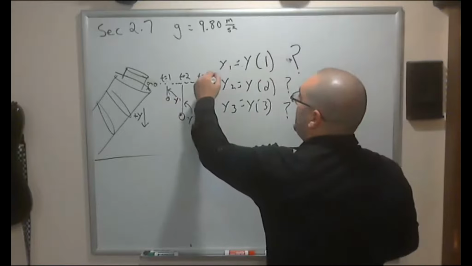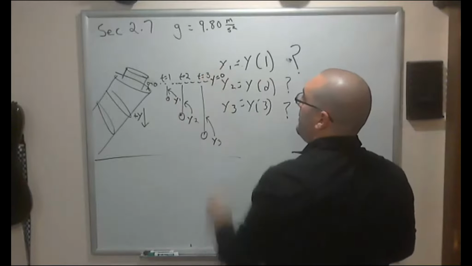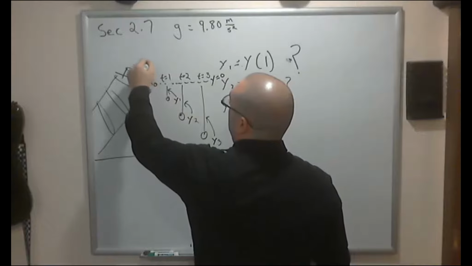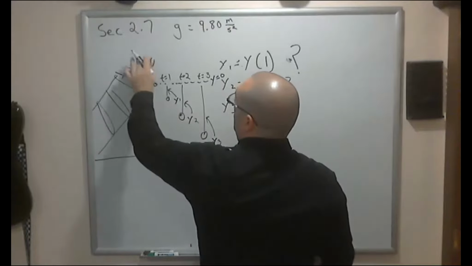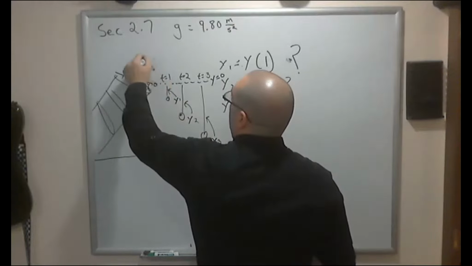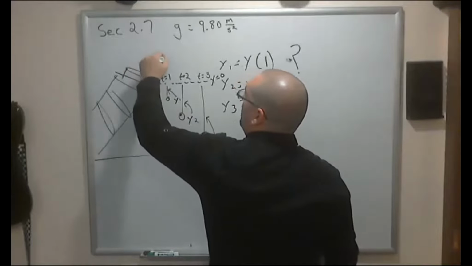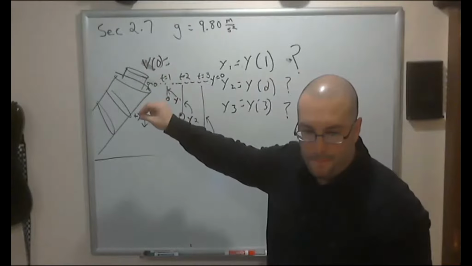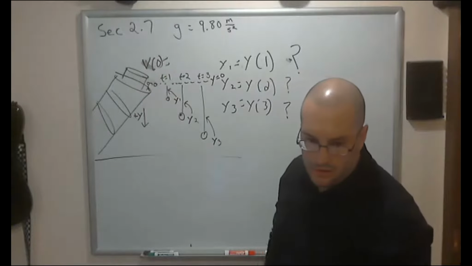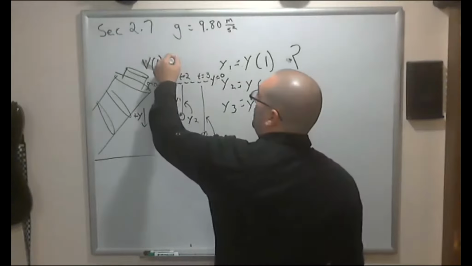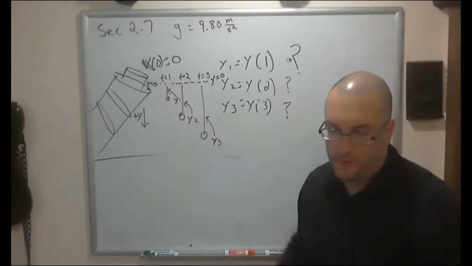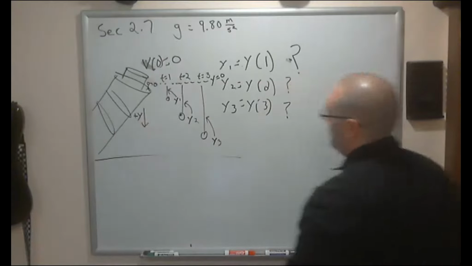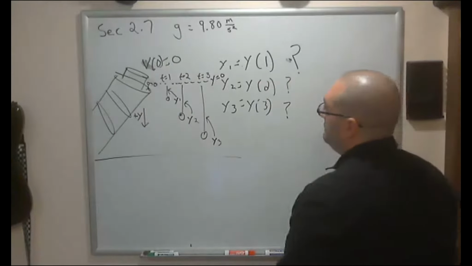So y initially is y0. What is the speed of the ball at 0? What is V0? Right at the instant we drop it, it's 0, because there was no time for it to accelerate. So V0 is 0.